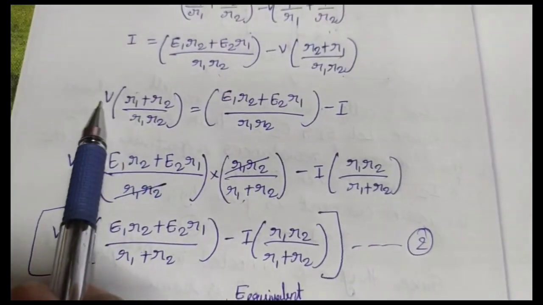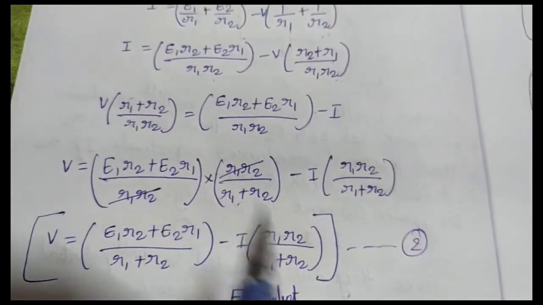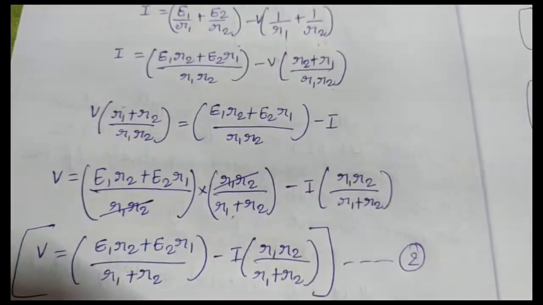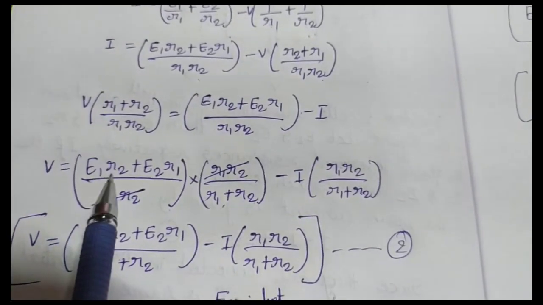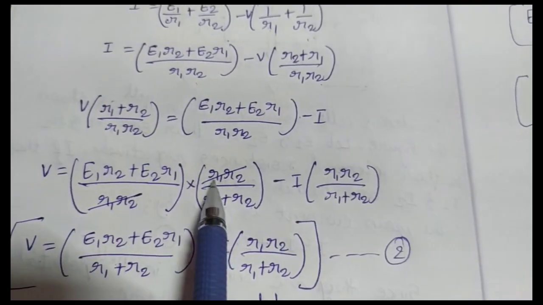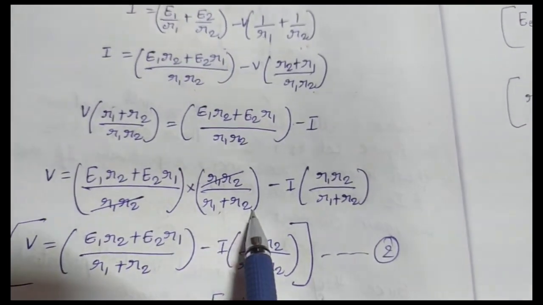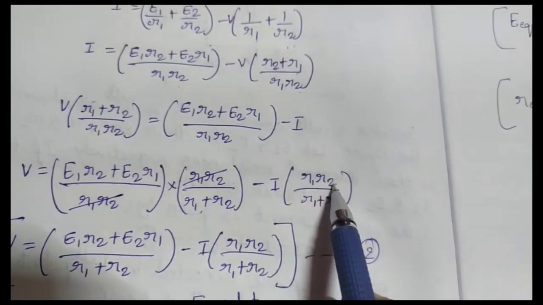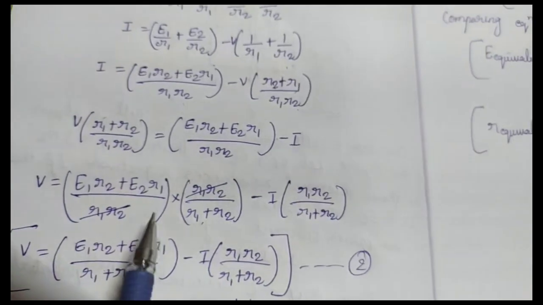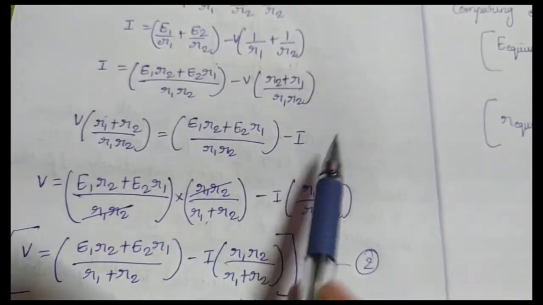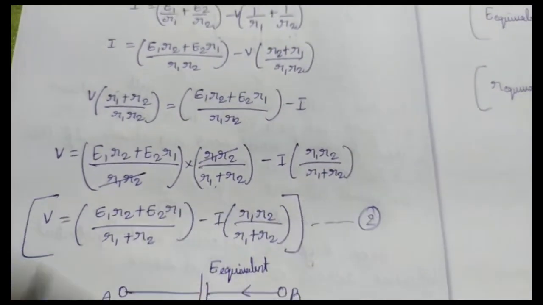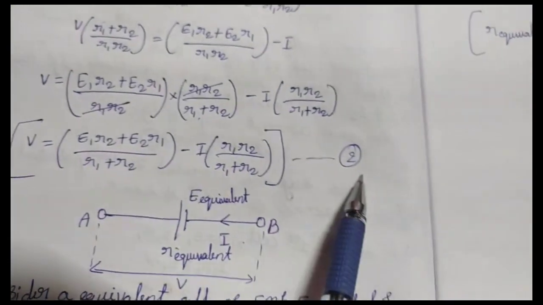Then the term multiplying V comes to this side and divides. The equation now becomes V equals (E1 into R2 plus E2 into R1) divided by (R1 plus R2) minus I times R1 into R2 divided by R1 plus R2. Here R1 and R2 cancel, and we are left with this. I can write this as equation 2.